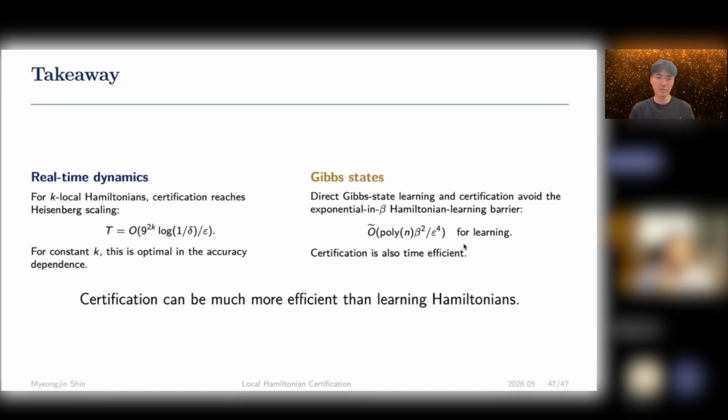So one of the main messages of this talk is that certification can be much more efficient than learning the Hamiltonian. So if certification is sufficient for some task, we shouldn't use learning, because certification is much more efficient. That's one of the main messages.